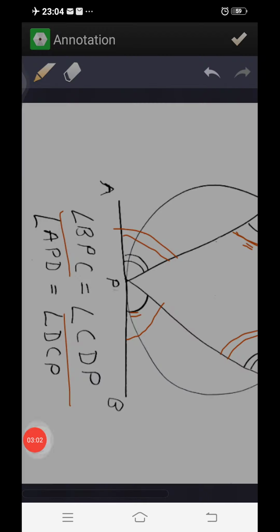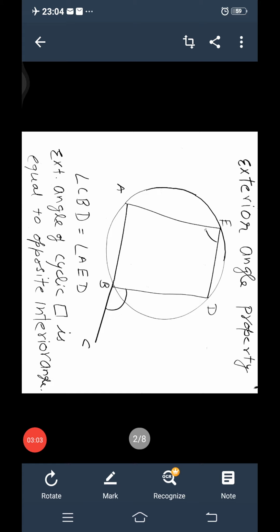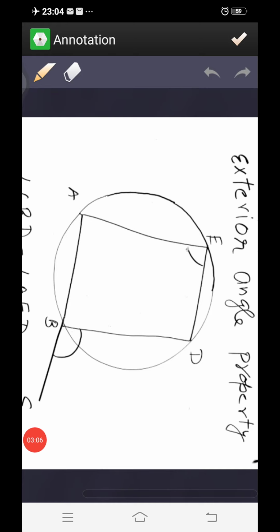Now exterior angle property. This property is for a cyclic quadrilateral. If we are given a cyclic quadrilateral, this ABDE is a cyclic quadrilateral, then if we produce any side of the quadrilateral, the external angle made between that produced side and the adjacent side is called the exterior angle.